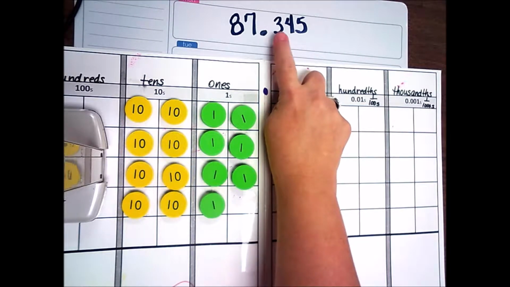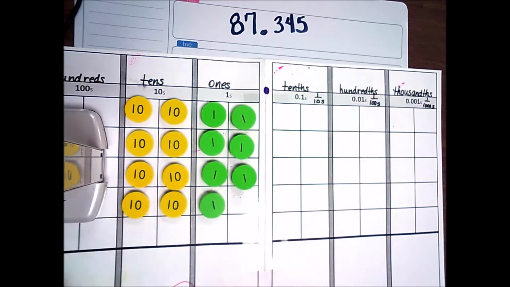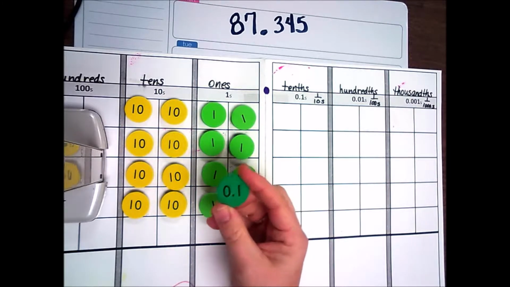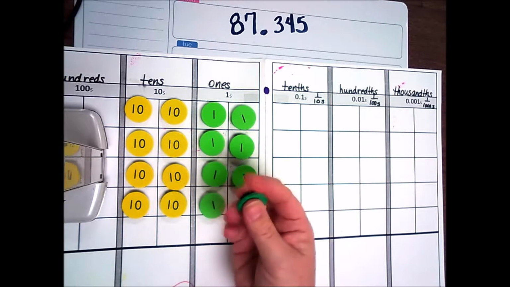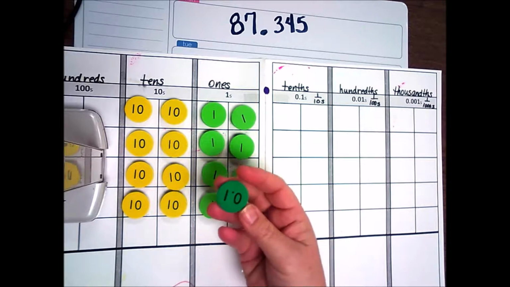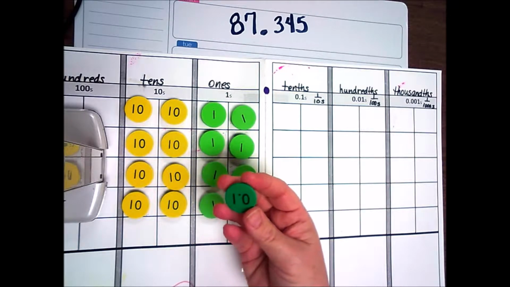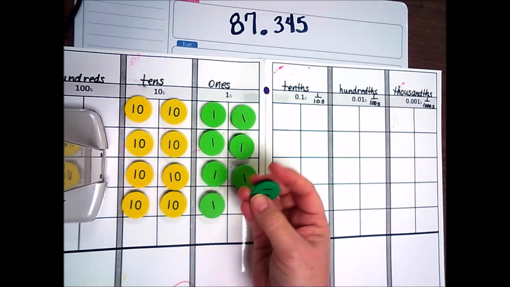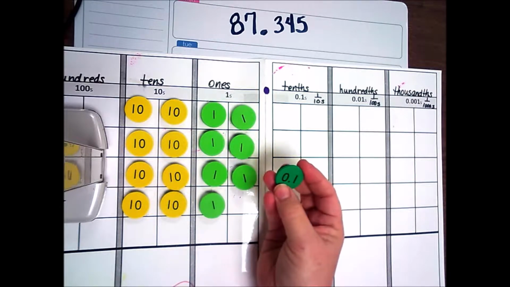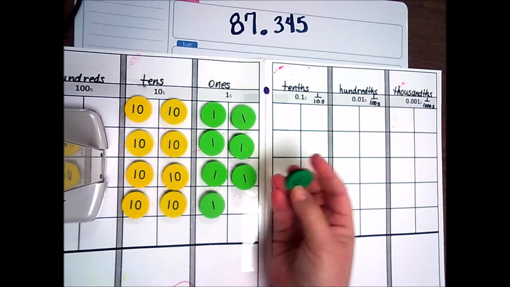And then this is 3 tenths. So they get the tenths, and I'll just show you this real quick because a lot of the students will go, well, this is 1, 1.0, 1 whole, whatever. Well, the decimal shouldn't be floating in the air, so it's got to be over this way. So this is 1/10, 0.1, 1/10.